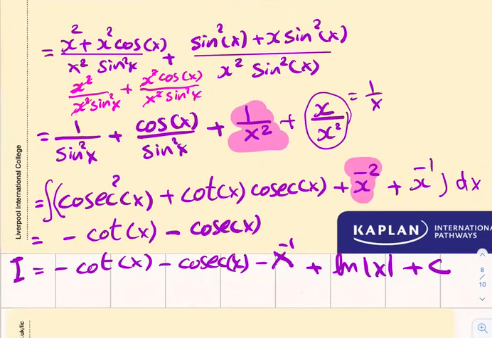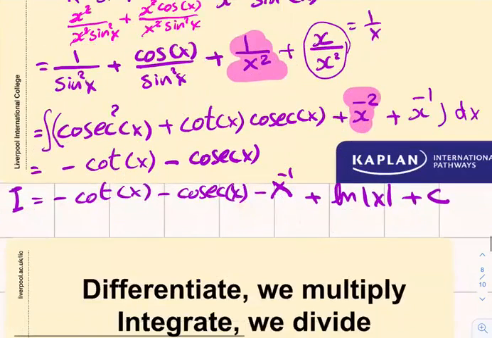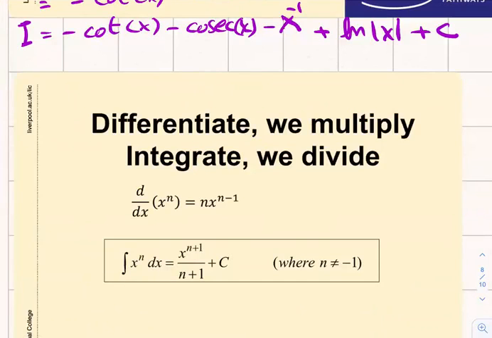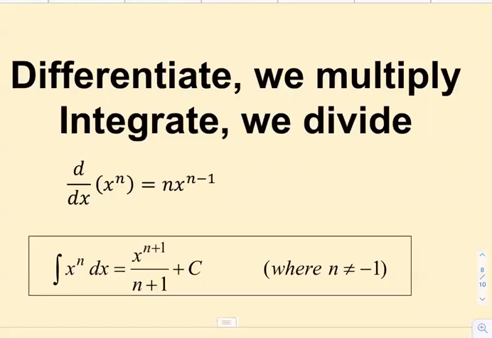Right. Now, just for you to remember and put this idea in your head: when we differentiate, we always multiply, and when we integrate, we divide. So if we have a function raised to the power n, then we will multiply by that power and take away 1 from the power.